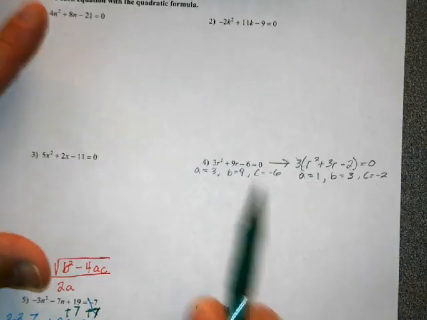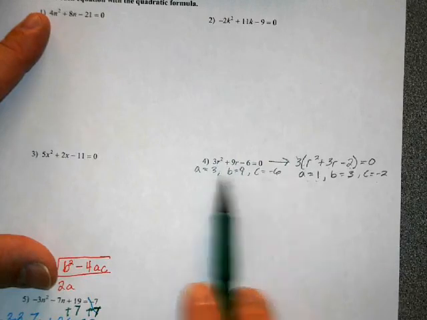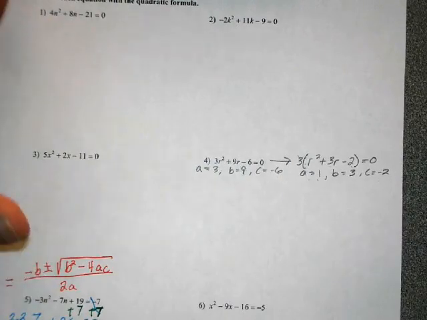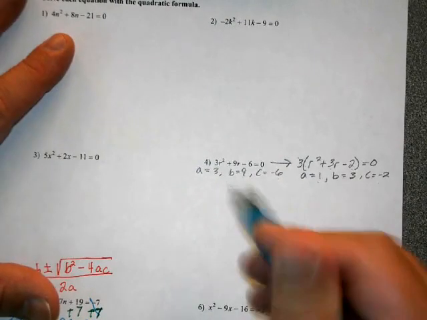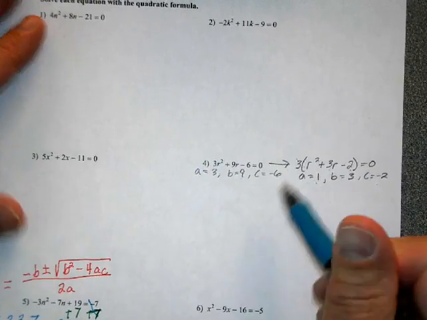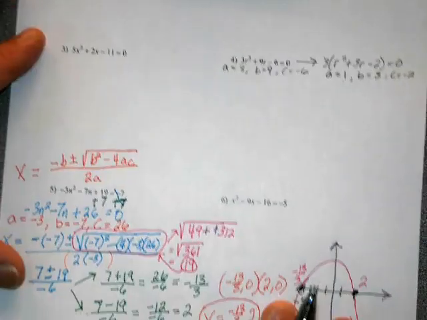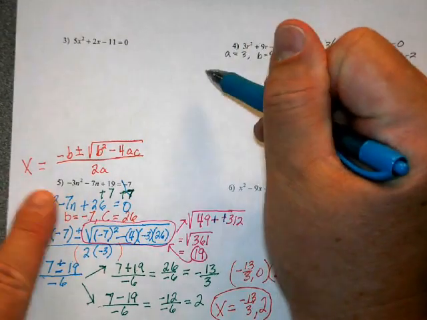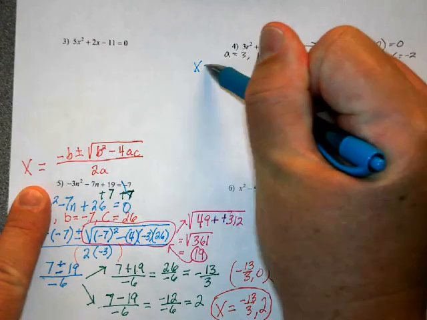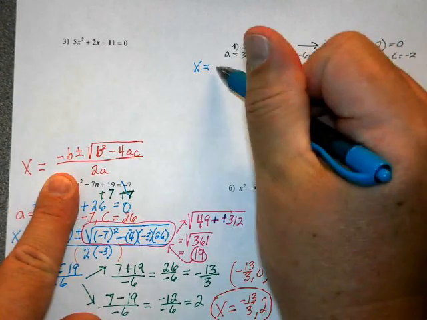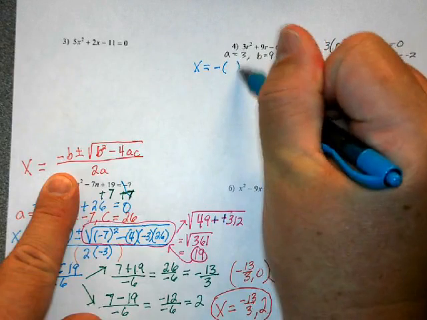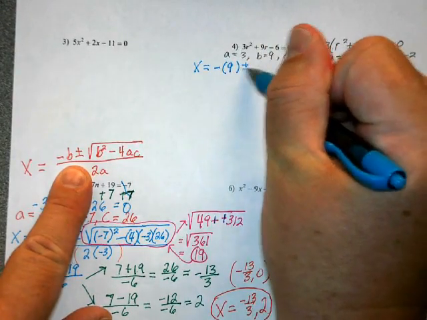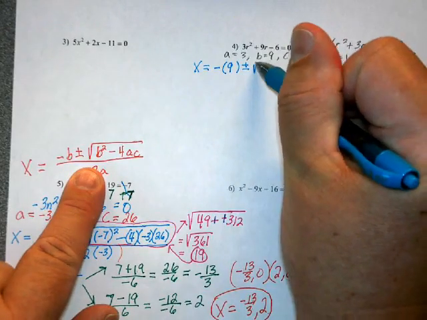But let's go ahead and do it as if we didn't notice that 3. So my A equals 3, my B equals 9, my C equals -6, and I'm going to plug it into our quadratic formula. So x equals -b, my b is 9, plus or minus the square root of.